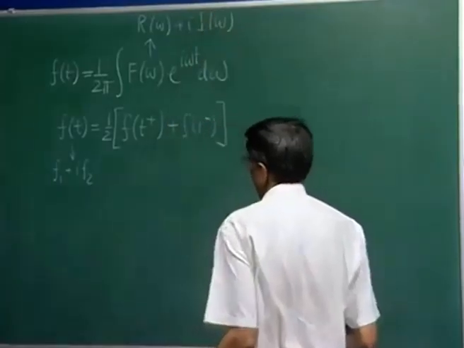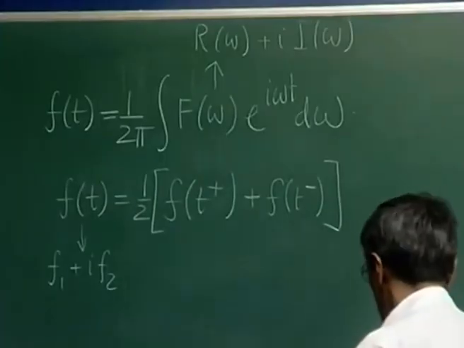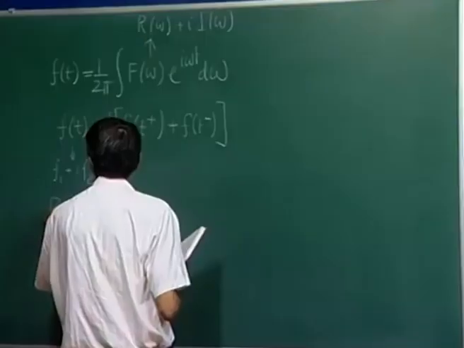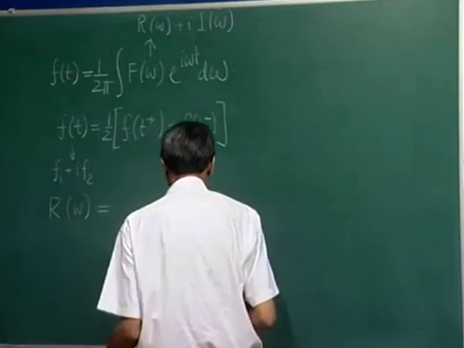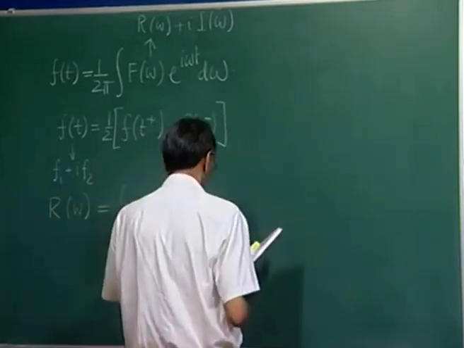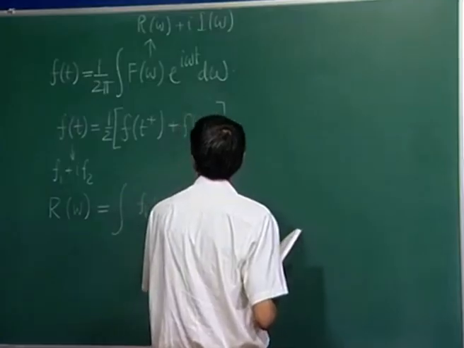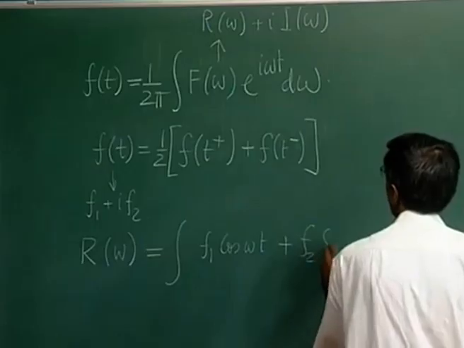So, what one can show rather clearly is that R of omega, the real part of the Fourier transform, can be obtained from the integral of f 1 cos omega t plus f 2 sin omega t.